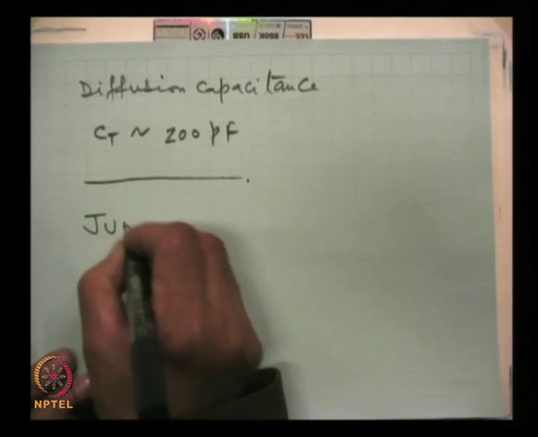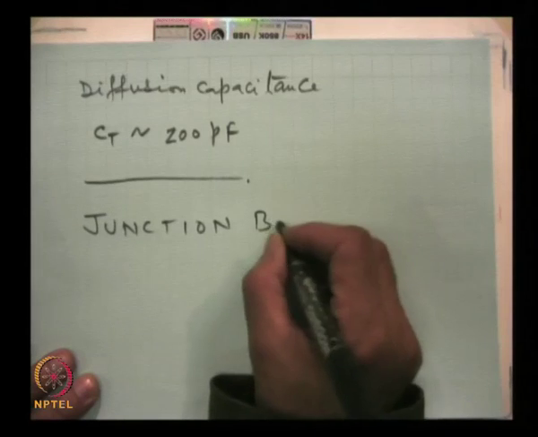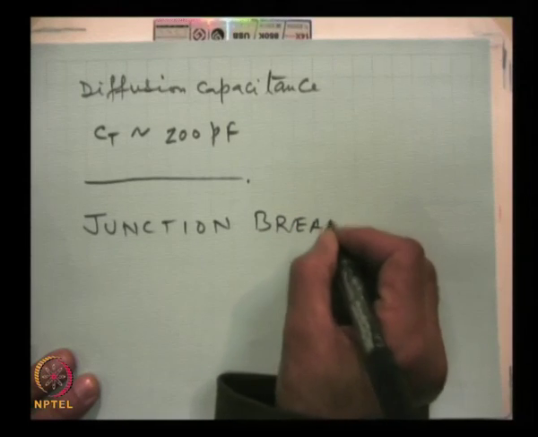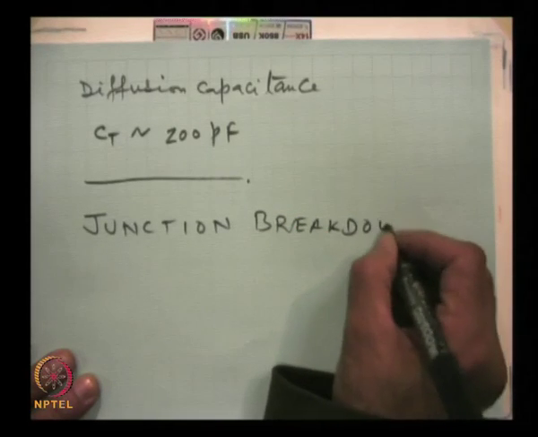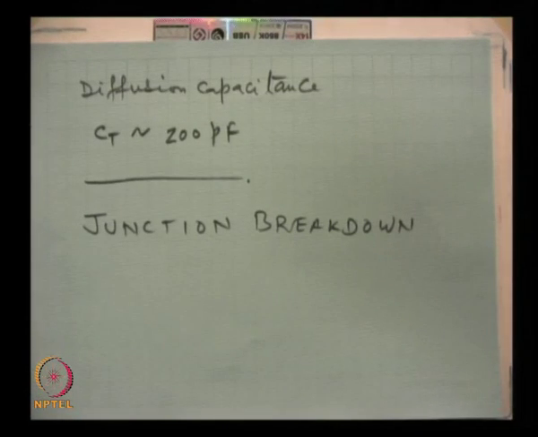Now, we take another aspect of the IV characteristics of the device. This is junction breakdown.